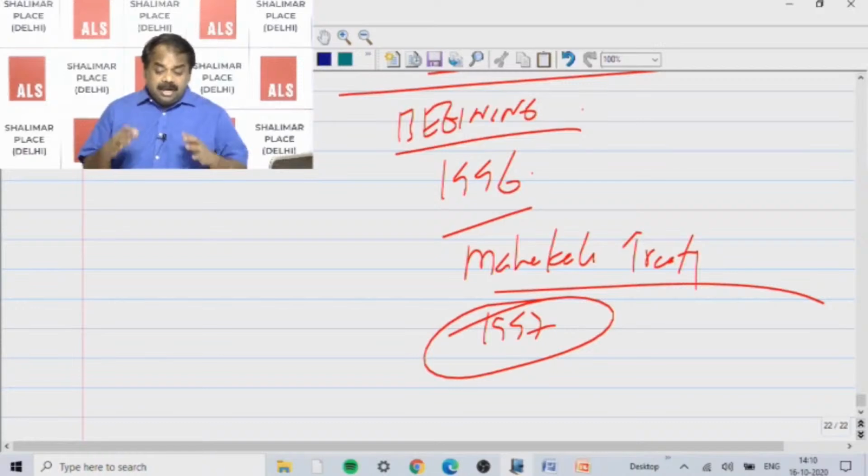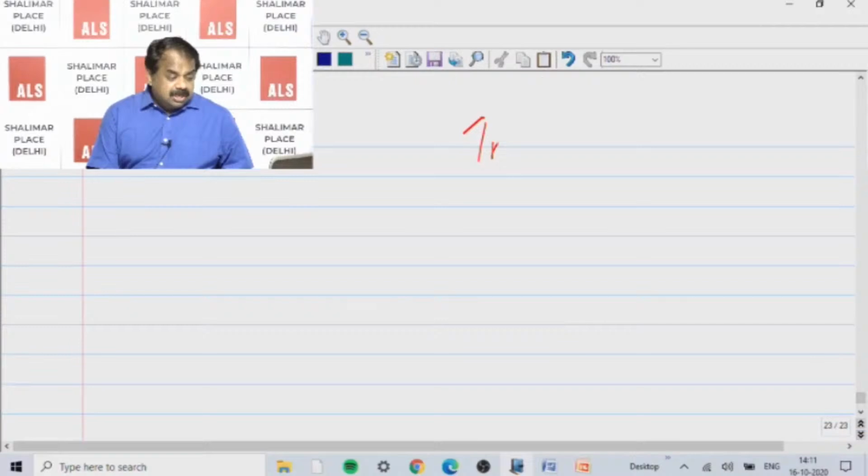So now what is the Nepali claim about the whole thing? It's very clear. Nepal is saying India should respect the Treaty of Sugauli.